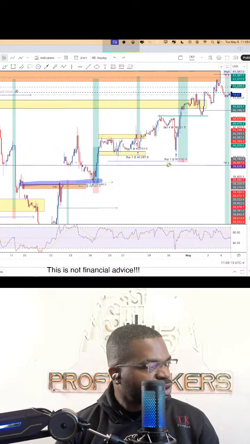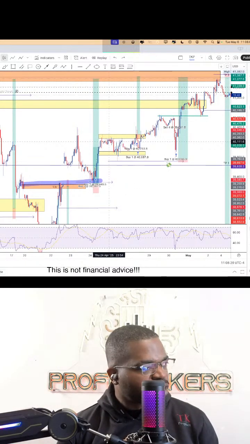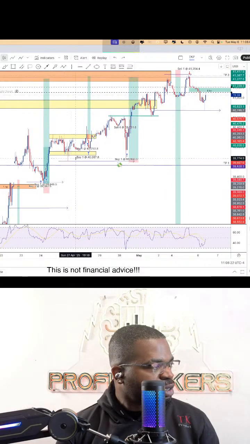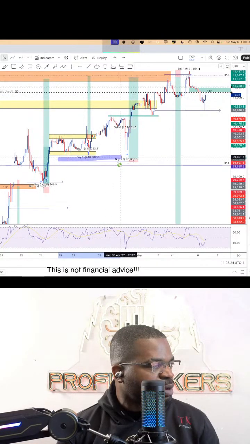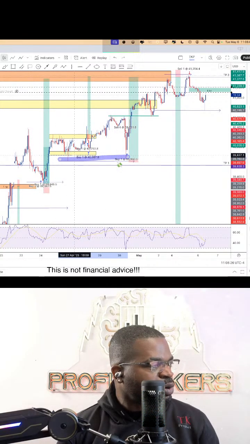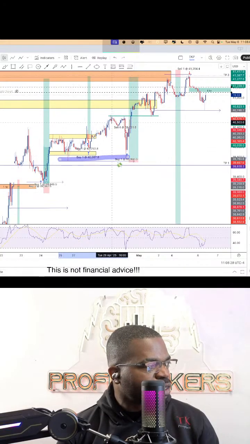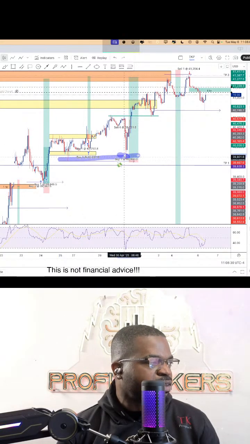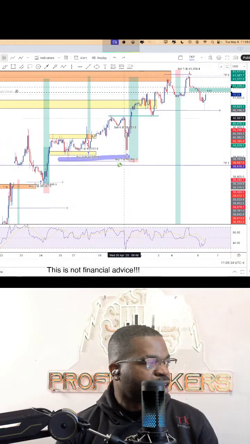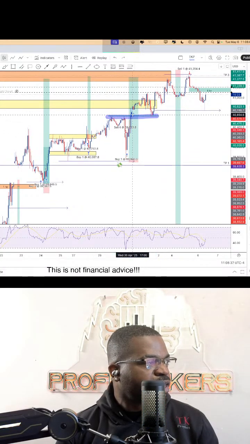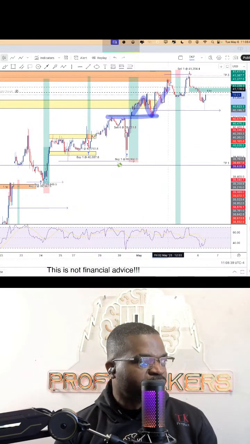This move right here was the retest. I entered. Same thing right here on a smaller time frame. I noticed the exact same thing. I entered on the retest. We broke above this area of consolidation right here. I entered in on the retest.